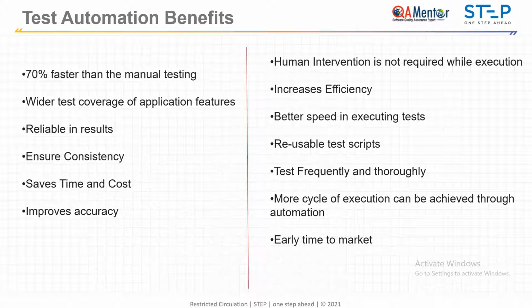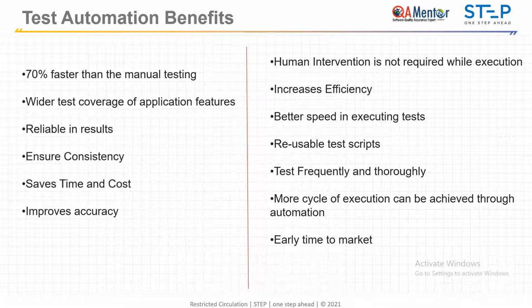What are the benefits of robotic test automation? It is 70% faster than manual testing. Normal automation is also faster than manual testing, but building test automation is very easy in case of robotic test automation. Reliable results, consistency, and reusability of scripts will be there. In this test suite, we will be creating workflows, sequences, and the framework, and everything will be reusable, so we don't have to do it again and again.